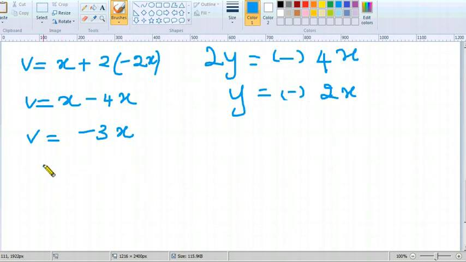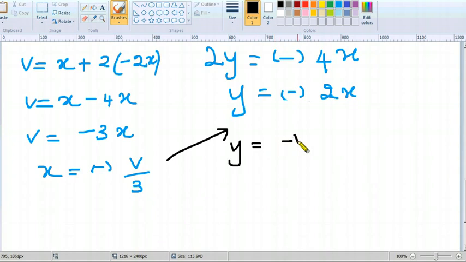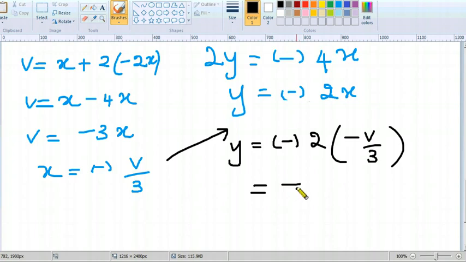So v equals minus 3x, then x equals minus v divided by 3. Then again we come here: y equals minus 2 times x, x means this whole thing, then minus minus is plus, so 2v divided by 3. y equals this value, x equals this value.